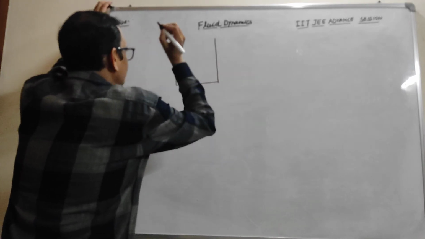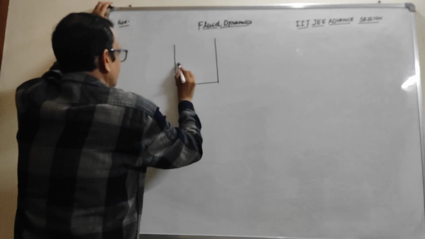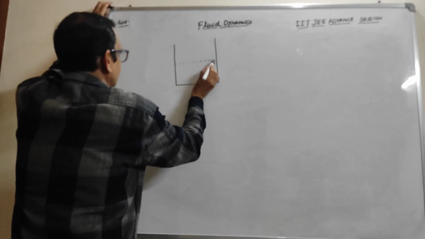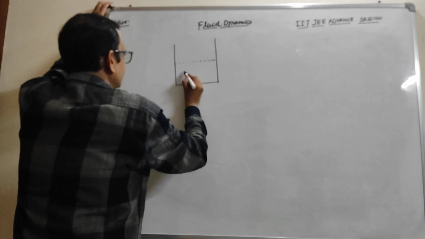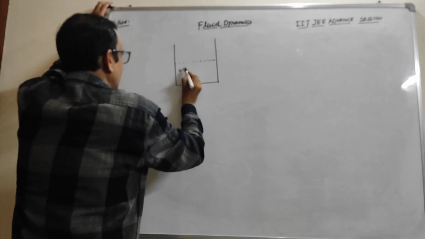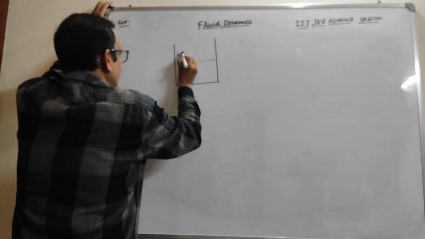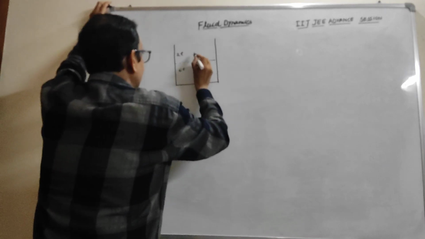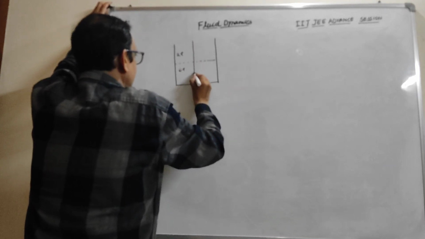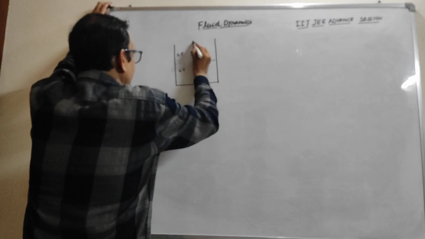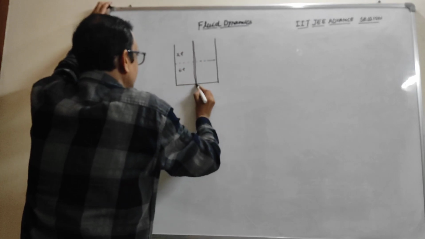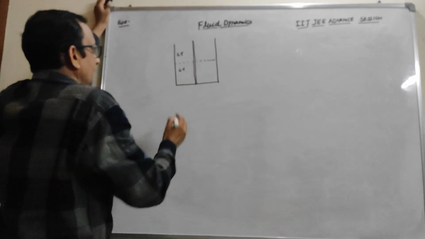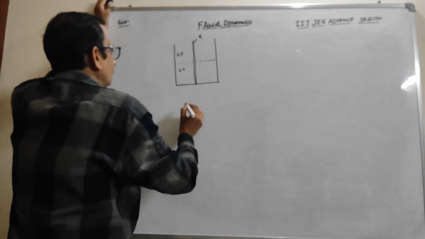Here the pattern of liquid fluid: this has density 6 rho and this has density 2 rho, and a vertical rod is hinged here. This is the rod, and the density of the rod is rho.